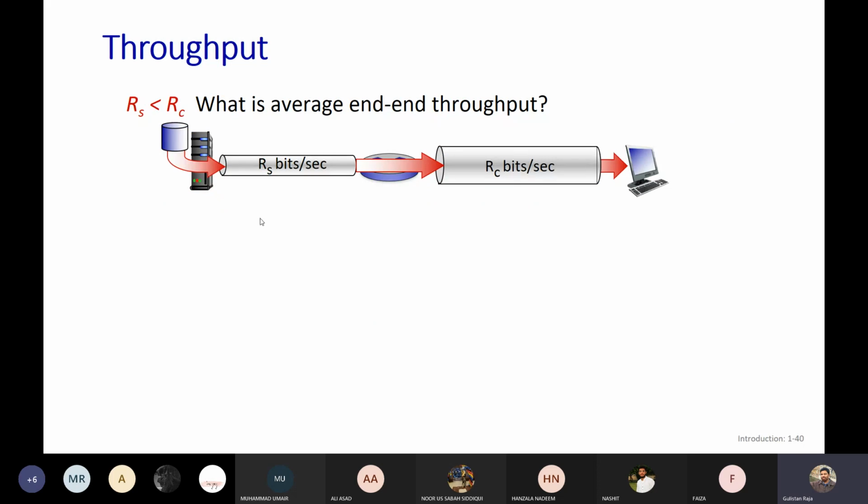Let's assume that Rs is less than Rc. Look at this.